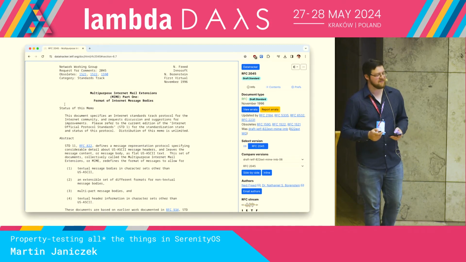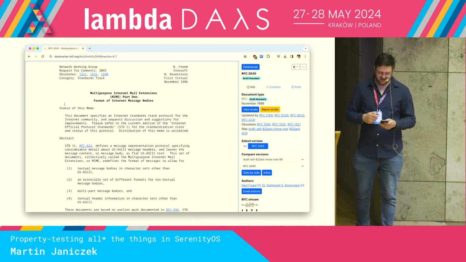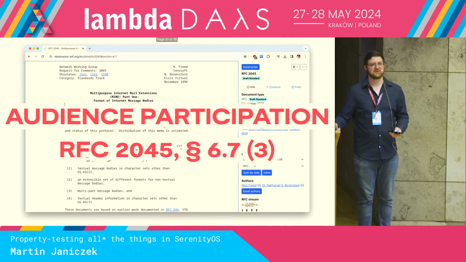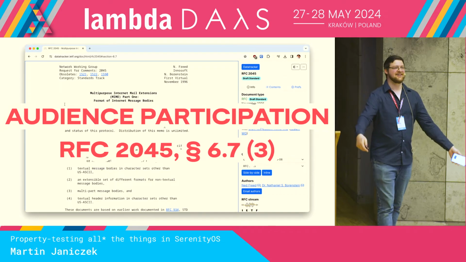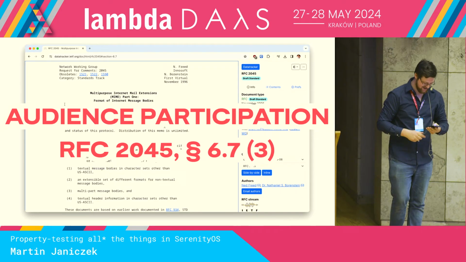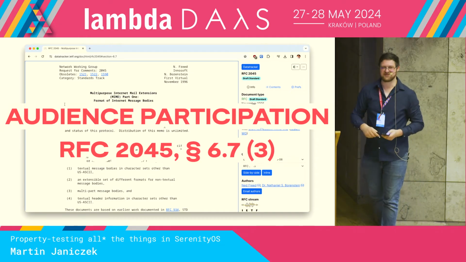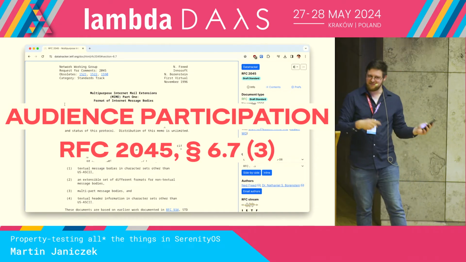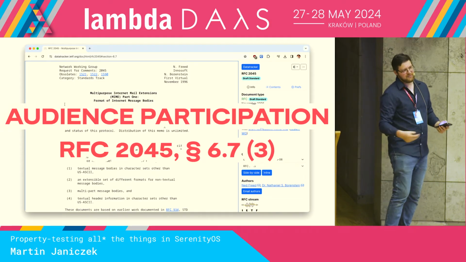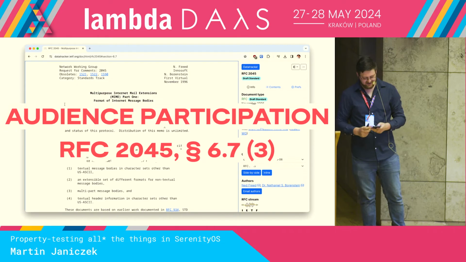And I was lucky enough to lay my eyes on section 6.7, rule 3. And you all know it by heart, so I will need some audience participation. Let's recite it with me. No? Okay, no. So it talks about tabs and spaces at the end of the string and how they need to be handled, removed or preserved, stuff like that.